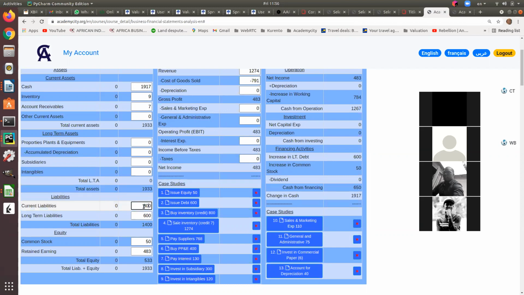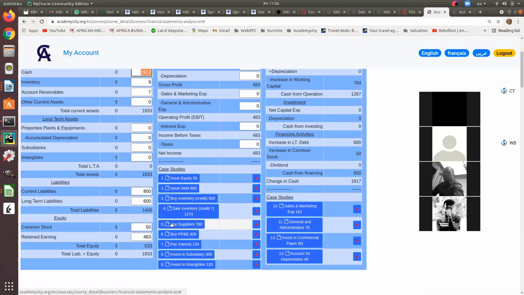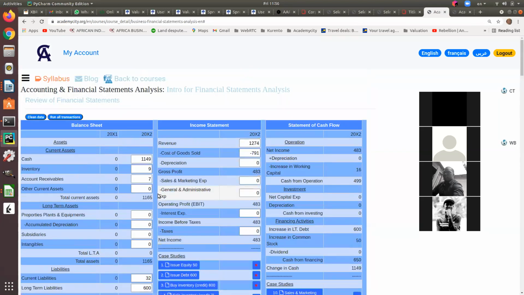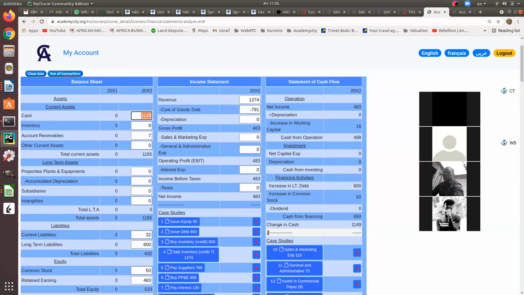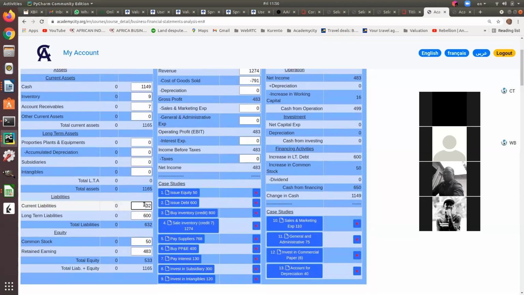So this one should go down by 768 and this one should go down by 768. So let's see, if I click on transaction number 5, say the 9 things. This one went down by 32, as I said, and this one went down by 768, we will have less cash. No effect on the income statement. Is it balanced? Definitely, it has to balance. I reduce the cash and I reduce the debt.